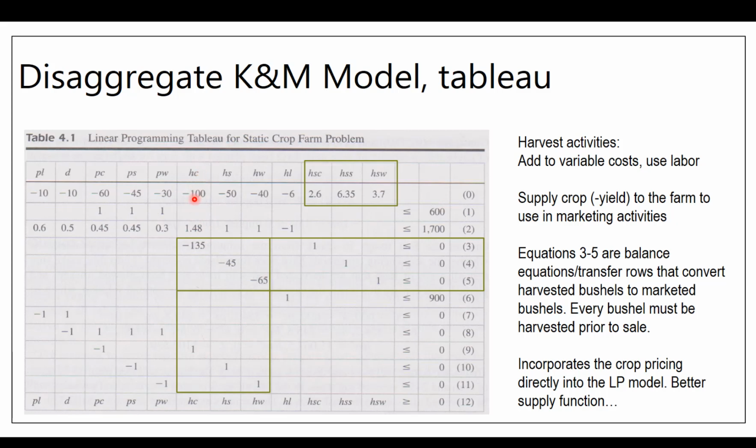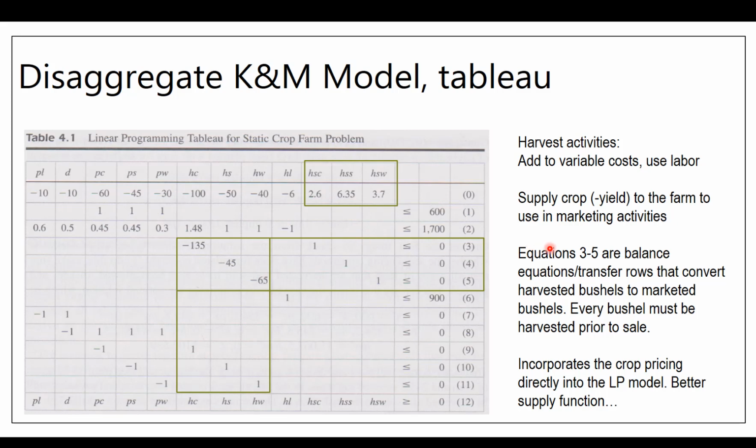But now we're going to say when you harvest this corn, you take on $100 in cost, you use up 1.48 hours of labor, and you generate in this transfer row 135 bushels of corn. Then the harvest sale of corn activity can use those up. So they have to be generated first by the harvest of corn, and then they can be used right there.